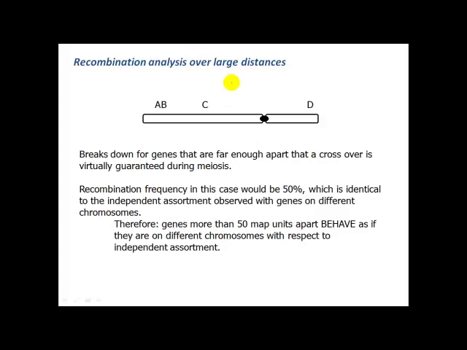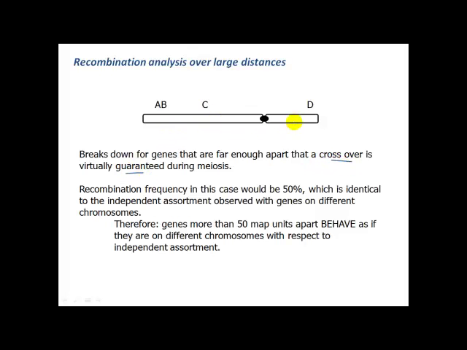All right? Now, can we use recombination analysis like this to map all genes along a chromosome? Well, to a point, but only to a point. So this is going to break down for genes that are far enough apart that we're essentially guaranteed to have a crossover between them.